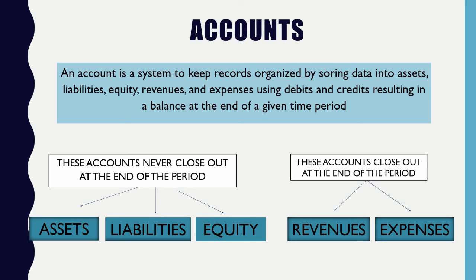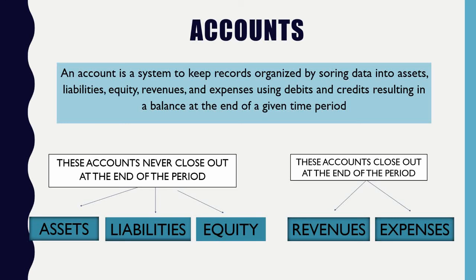Only 5 and 5 only. You have your assets, your liabilities, your equity, your revenues or income, whatever you want to call that one, and your expenses. There are only 5. And each one serves a purpose in accounting and business.